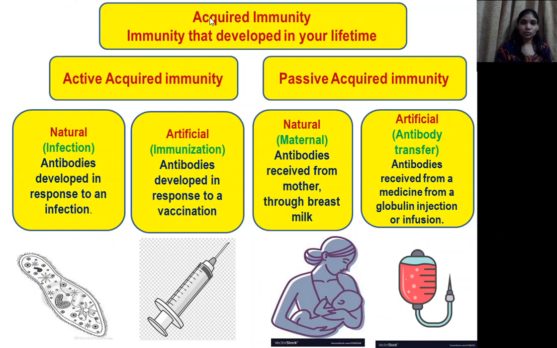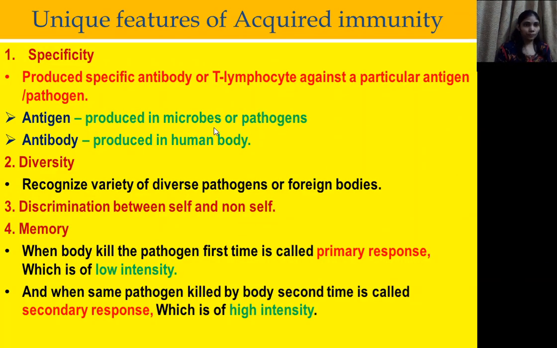Let's start with acquired immunity. What are the unique features of acquired immunity? The unique feature is specificity. Each and every pathogen or antigen has a specific antibody. This is the specificity, which produces specific antibodies or T lymphocytes against a particular antigen or pathogen.